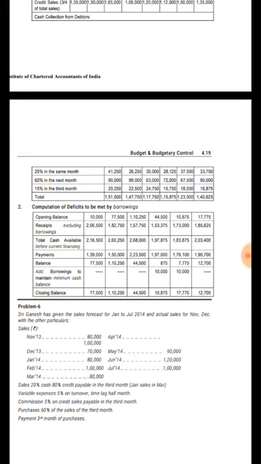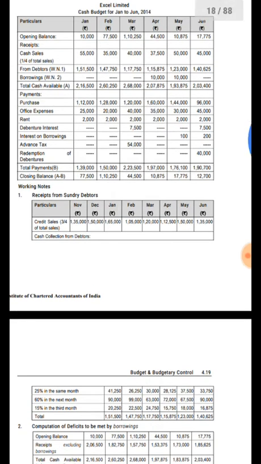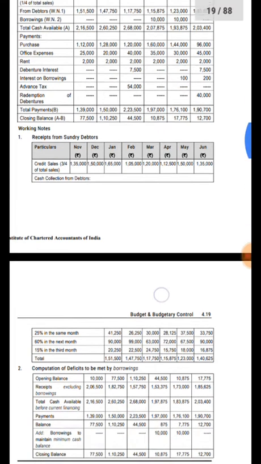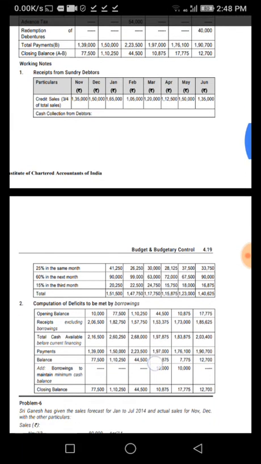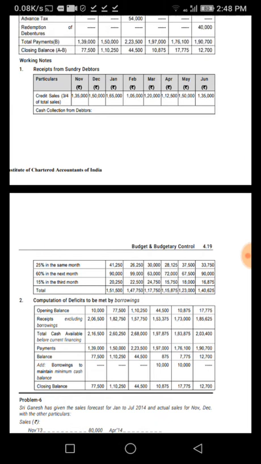If you reduce 1,50,000, the balance is 1,10,250. That is the closing balance. It will go to the opening balance of the next month. Then again, the receipt of the month is 40,000 plus 1,17,750, which is 1,57,750.